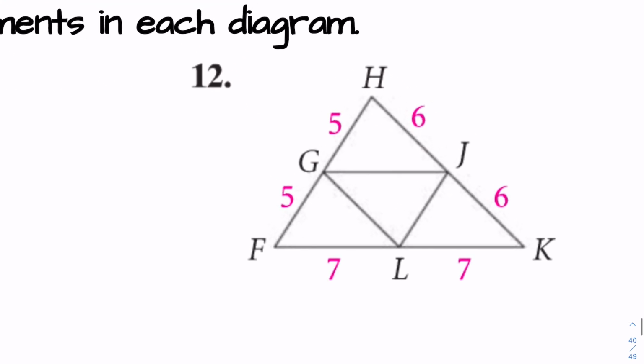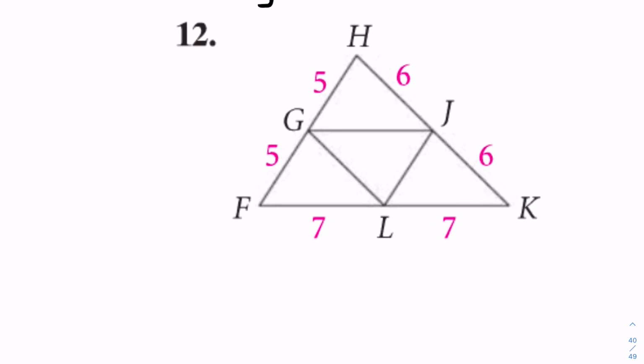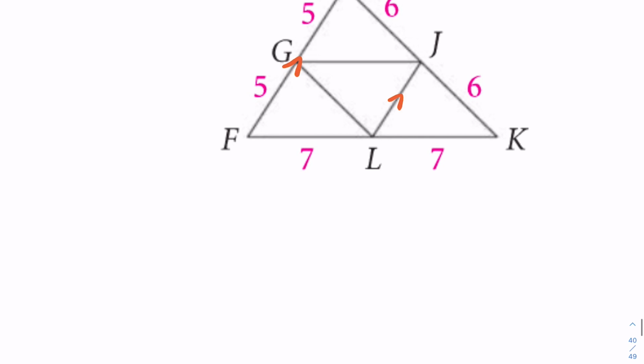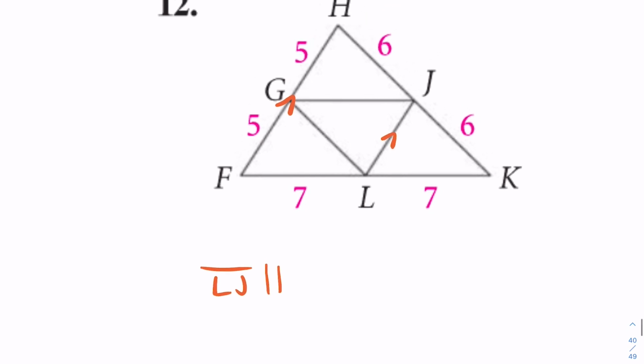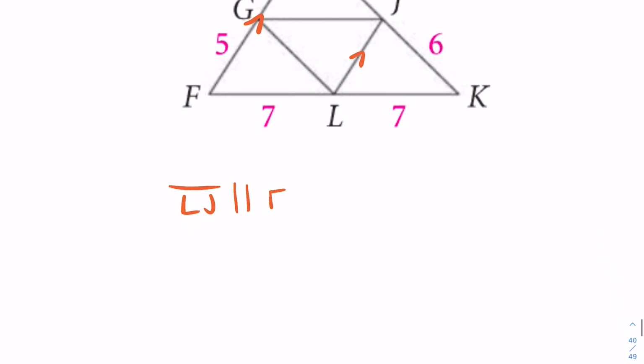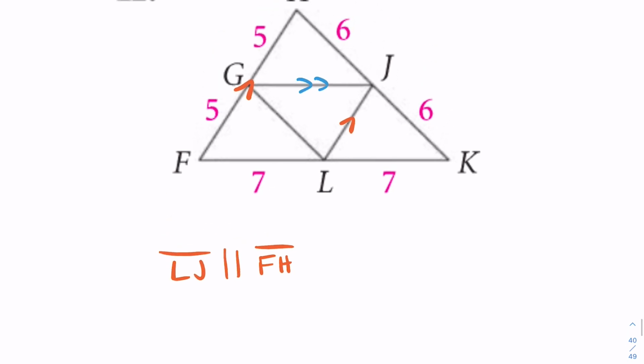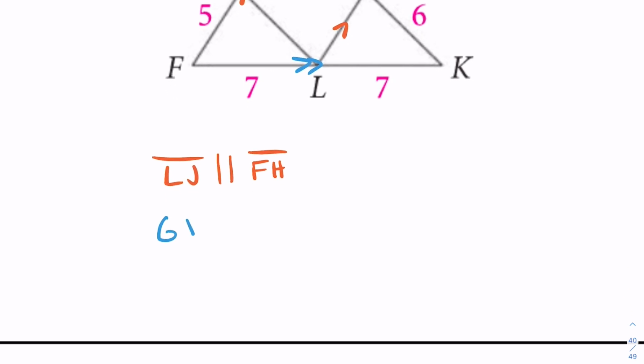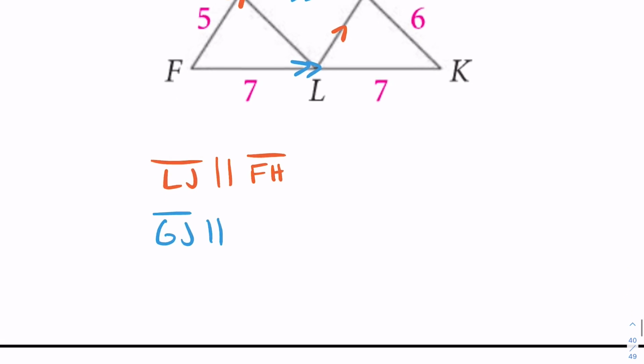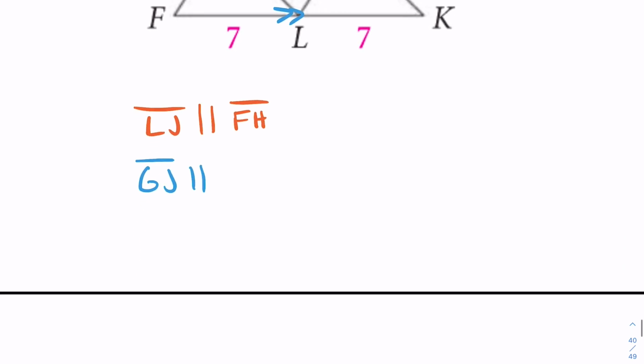And now this one is going to be, let's see, we'll do LJ is parallel to FH. And then I'll do GJ. GJ is parallel to FK.